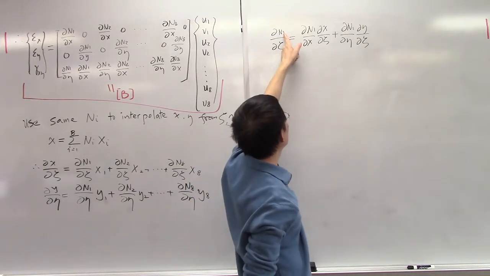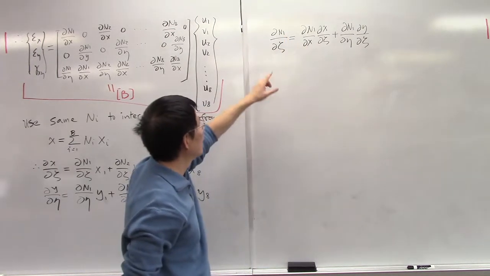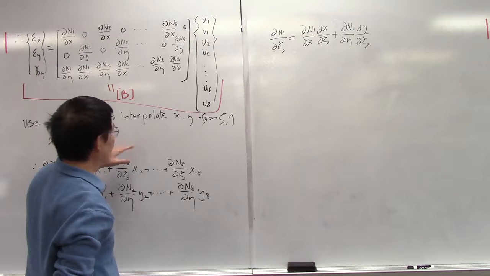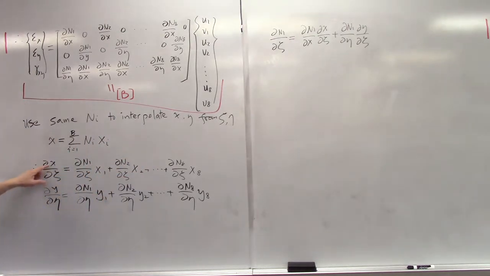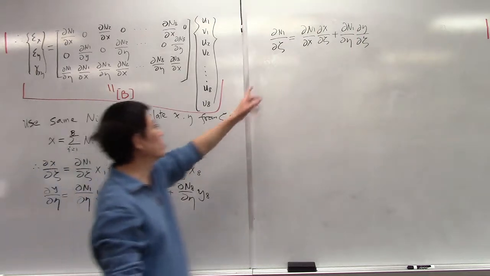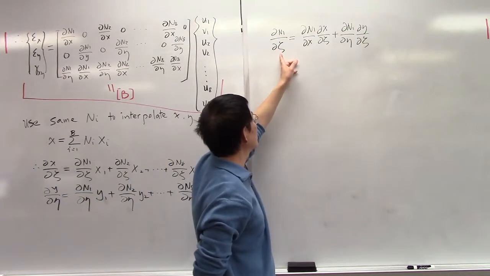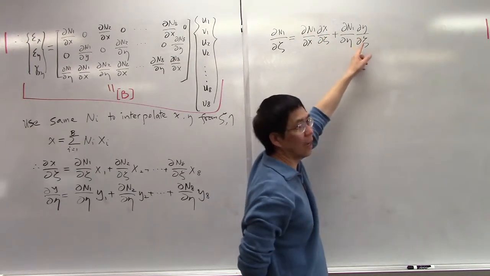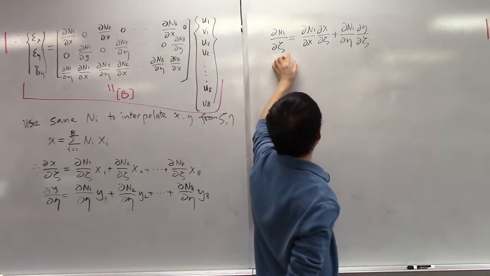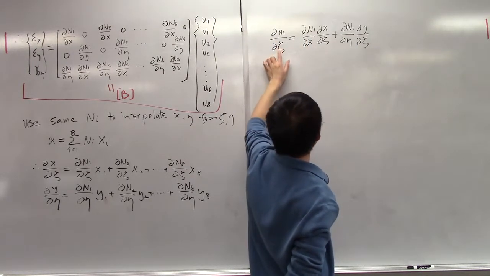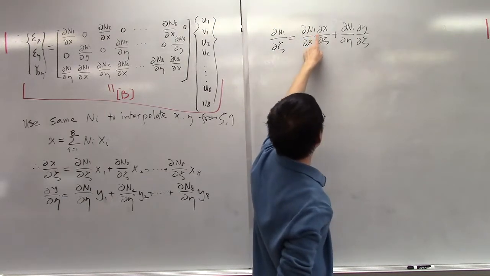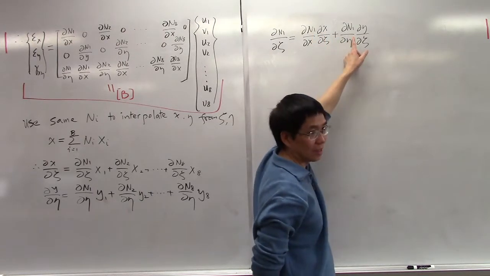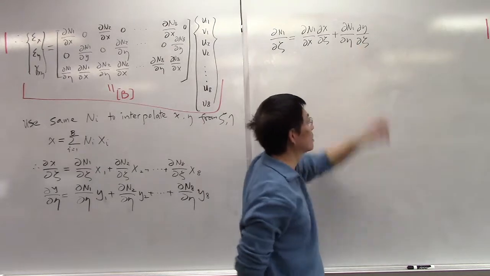But we know that N1 depends on both theta and eta, and there is a relationship between x and y and theta and eta. Therefore, when we take the derivative, because N1 has a dependence on x and also y, the derivative is equal to this first dependency plus a second dependency on y together. So this is the chain rule.